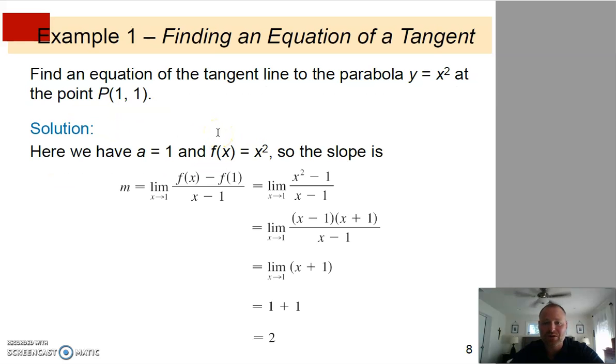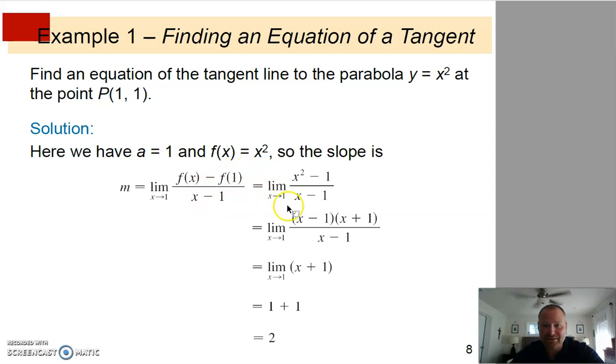Okay, so calculating the limit here, given this equation, we have y equals x squared. This is a parabola. We want to know what is the tangent line at the point 1 comma 1. Very straightforward. a represents 1, f of x represents x squared. We're plugging in our values here. So x squared goes here, 1 going here for f of 1, and then x minus 1 in the denominator.